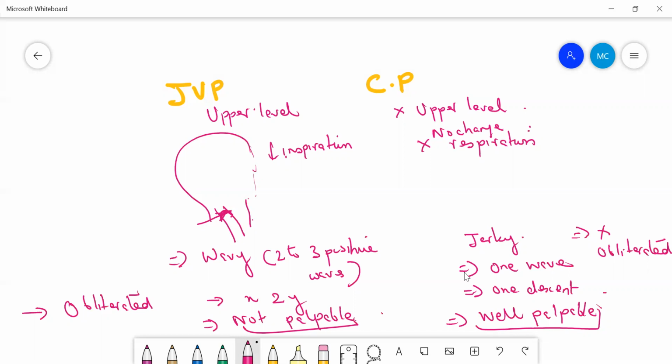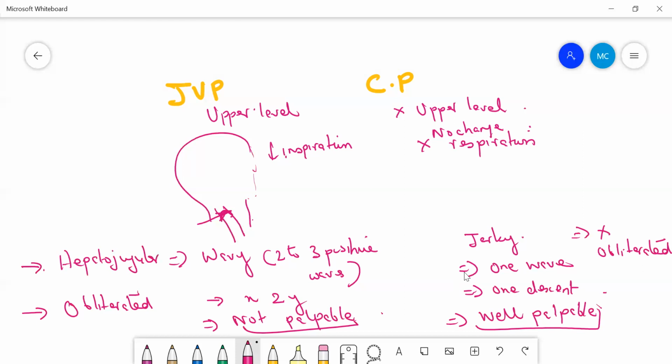One is not palpable and the other is well palpable, and when you apply a mild pressure at the root of the neck, you will find the JVP is gone. You can't find the pulsation anymore. But in the carotid pulse, even if you apply pressure at the root of the neck, it is not going to be obliterated. And the last point is the hepatojugular reflex, I'll tell you what it is.